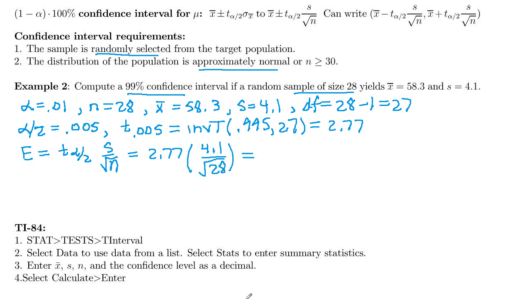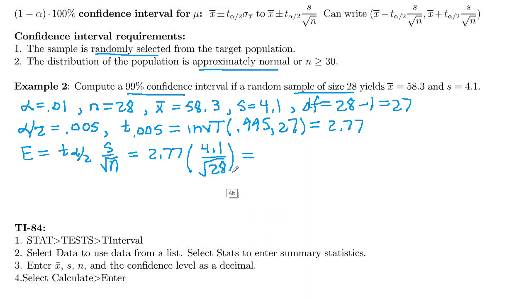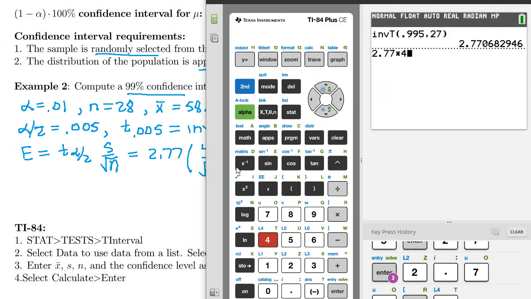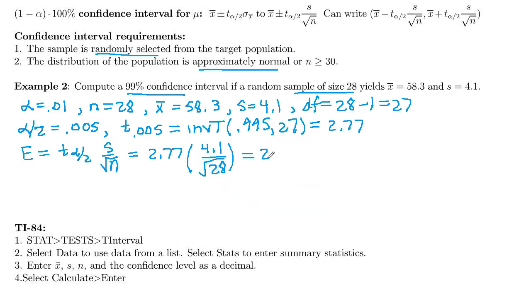Let's go ahead and compute that on the calculator. So 2.77 times 4.1 over root 28. And that gives us 2.15 to 2 decimal places. So that's our margin of error.